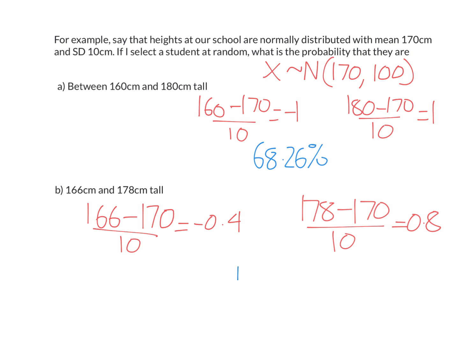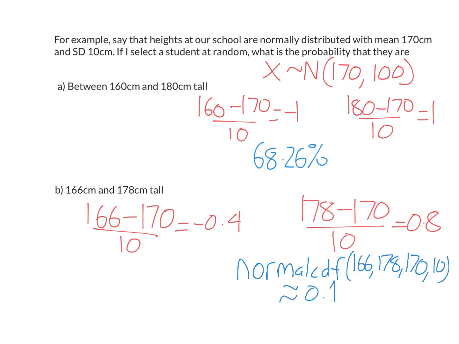So what we do is we go to the distribution menu and use the normal CDF function, and we just input the values. We input the lower value we want, the upper value we want, and then we put the mean and the standard deviation. So putting this on a calculator, we get about 0.44. So 44% of scores in a normal distribution have a z-score between minus 0.4 and 0.8, and we're done.